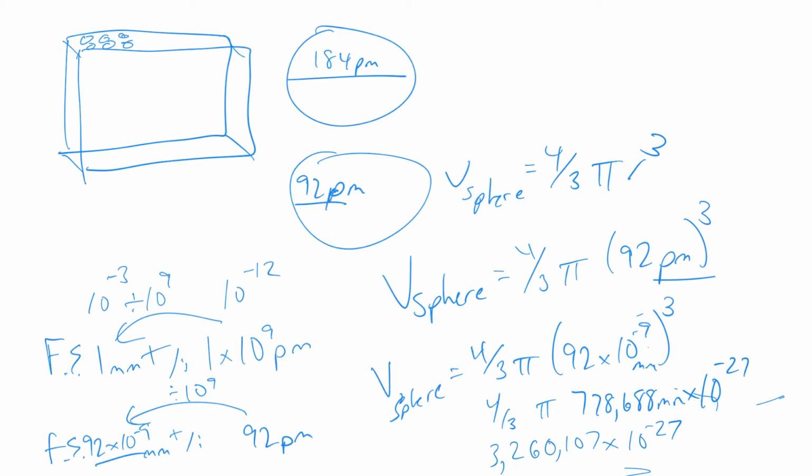And I could drag this back 27 spots, and I would come back 6 less. So this would be 3.26 times 10 to the negative 21st millimeters cubed. So it's a small sphere, and that makes sense because we can't see it at all.